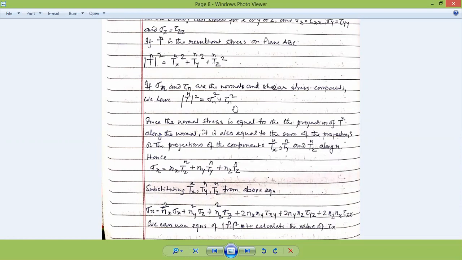Let us go through a few practical sums. I have already told one of them.